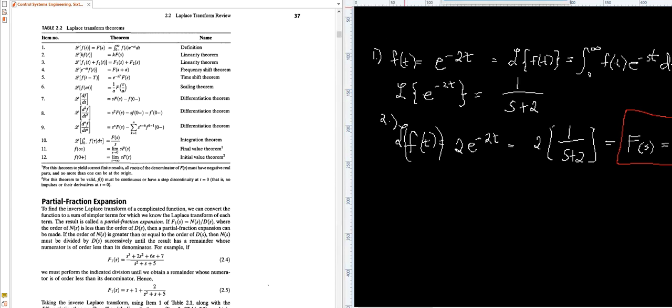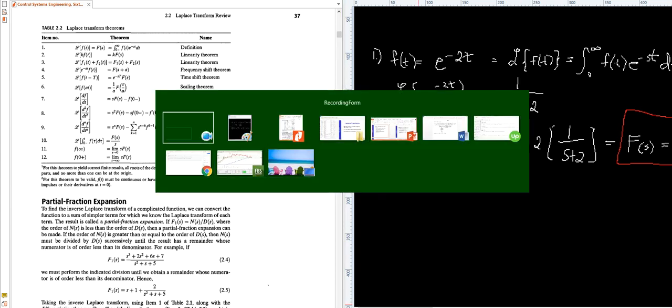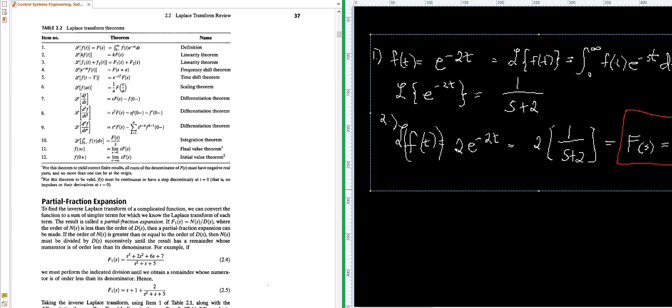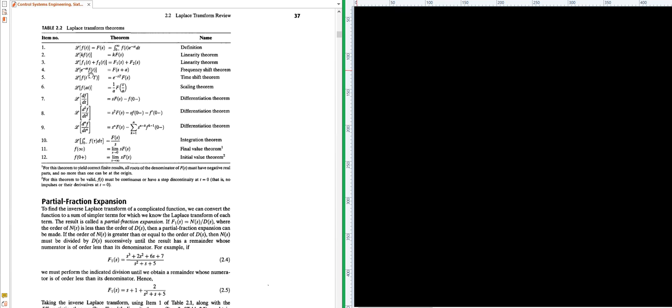So what does it mean? For example, let's have example number 4.